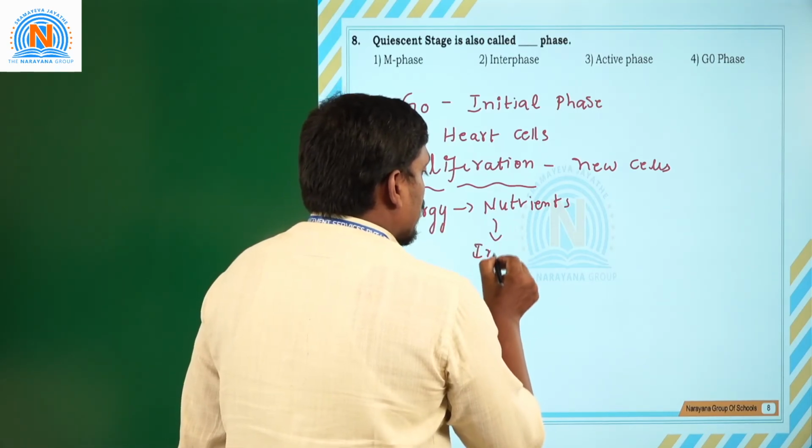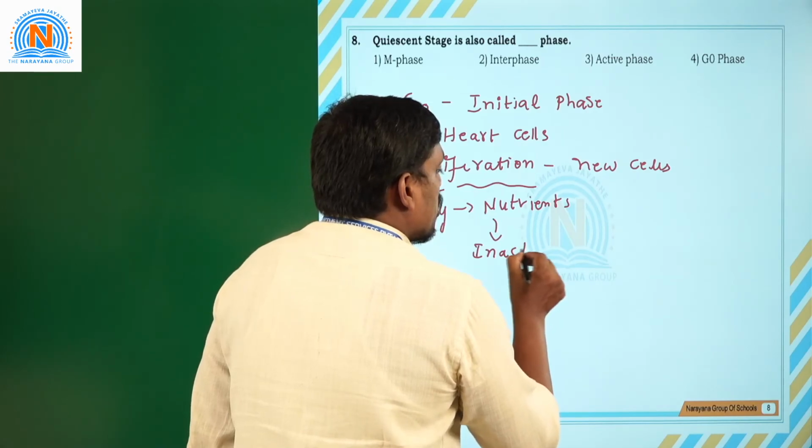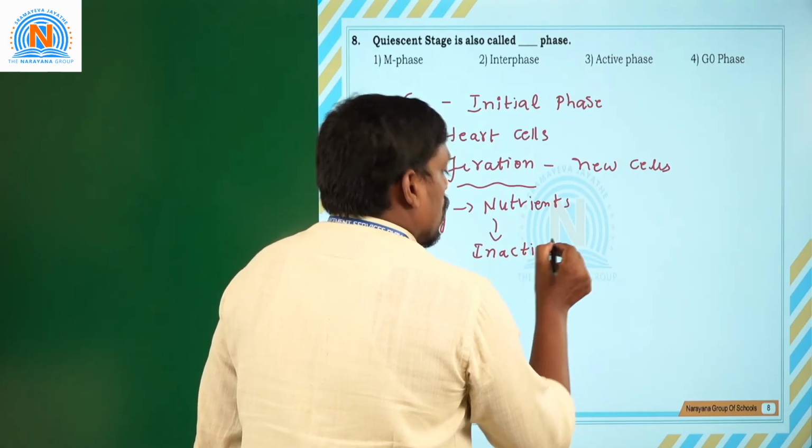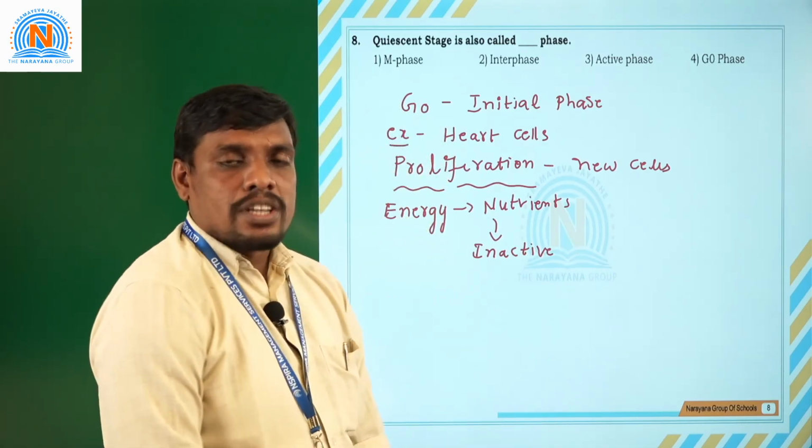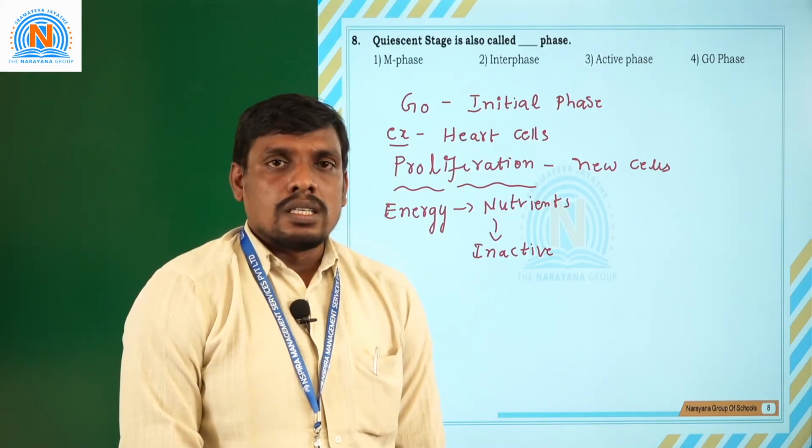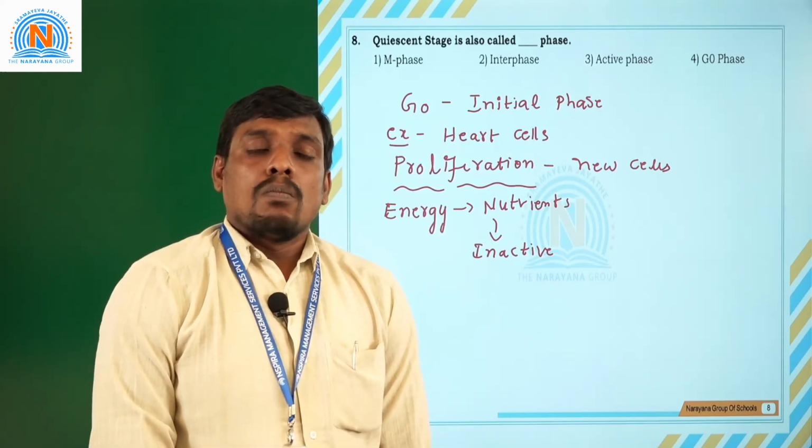When they are inactive, cell division is not possible. Hence, proliferation of new cells will not occur in the remaining body cells.